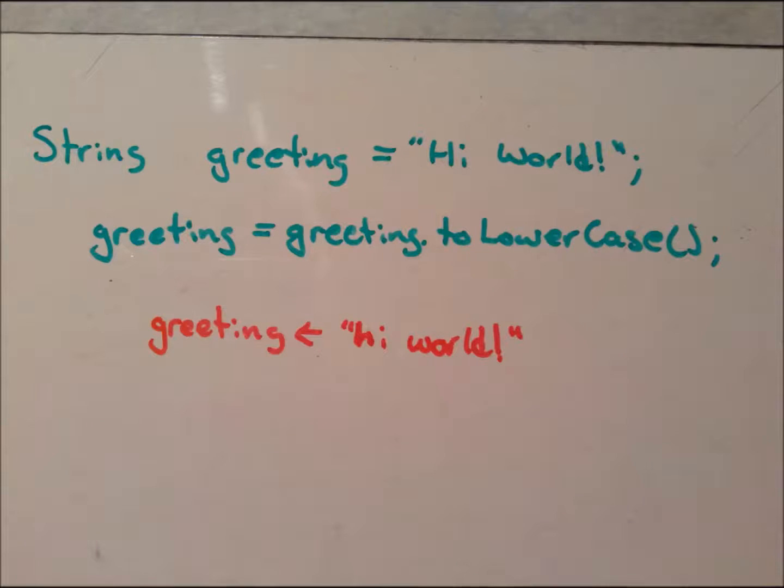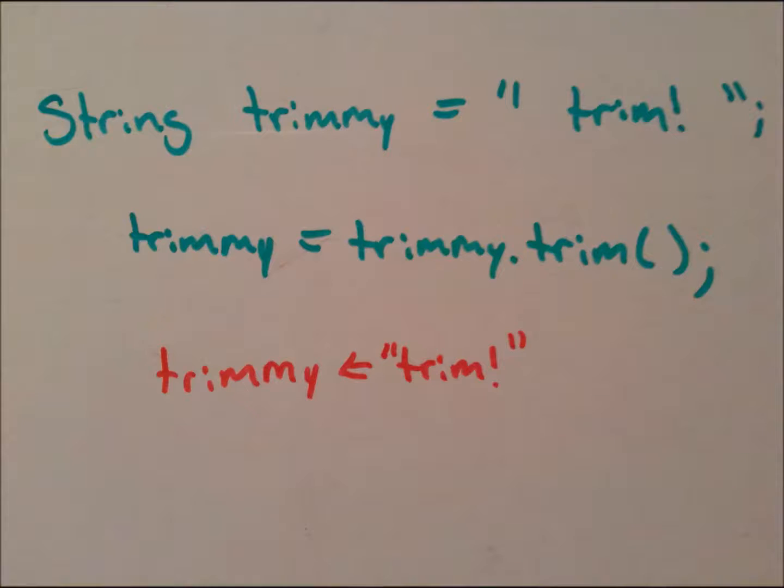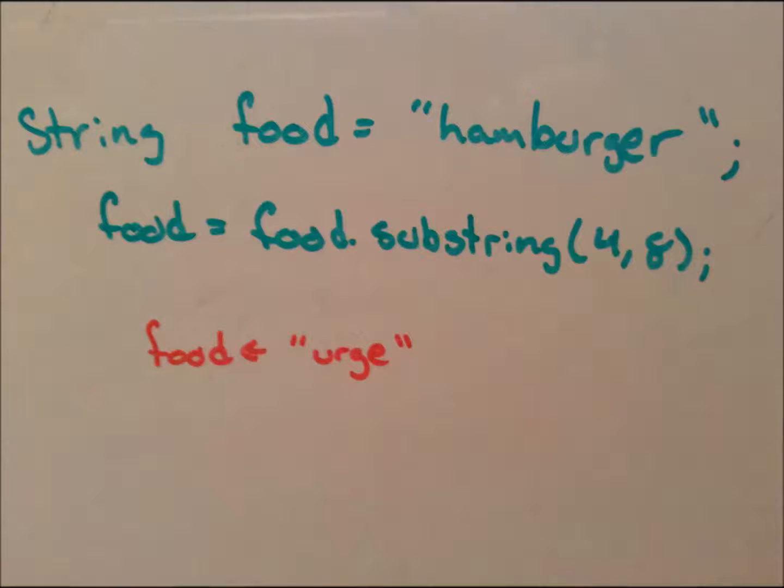toLowerCase returns a string with the same characters as the String object, with all characters converted to lowercase. toUpperCase returns a string with the same characters as the String object, but with all characters converted to uppercase. trim returns a string with the same characters as the String object, but with the leading and trailing white space removed. substring(int beginIndex) returns the substring of the String object starting from beginIndex through the end of the String object. substring(int beginIndex, int endIndex) returns the substring of the String object starting from beginIndex through, but not including, the position endIndex of the String object.